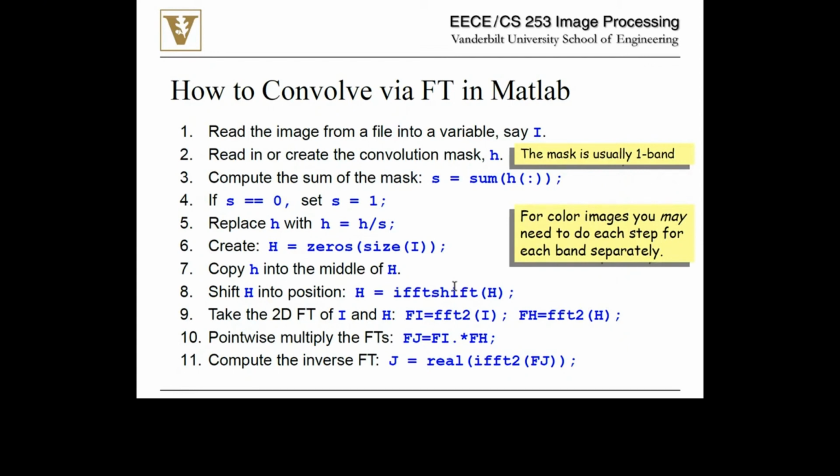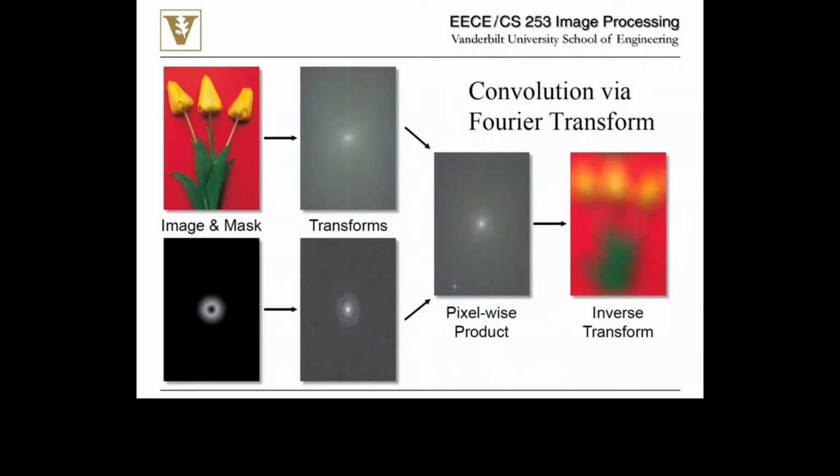You have an input image, and then you draw your kernel, and what this part is doing is what I just said: making sure that the kernel has the same size as the input image, and then copying the kernel in the middle of the large image. So it is just making sure that the kernel has the same size as the input, and that the kernel is at the middle of that.